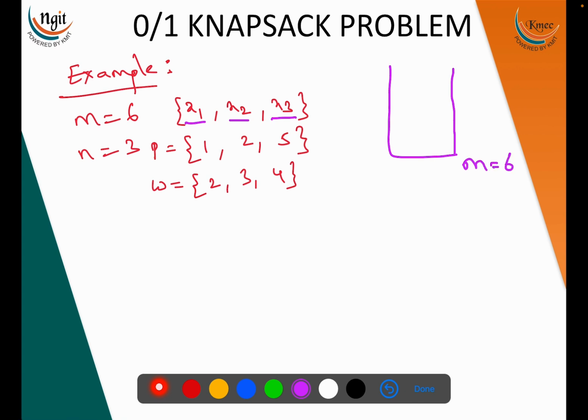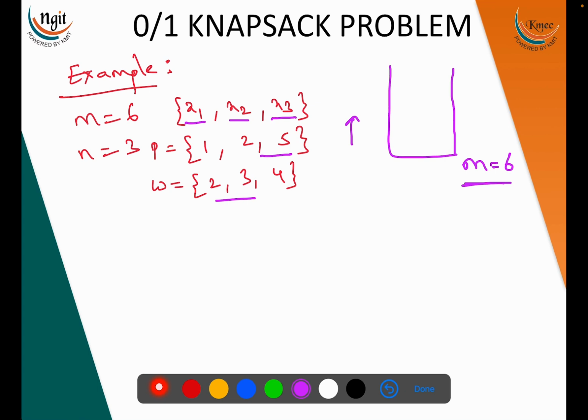We are given the profit and the weight. Profit should be maximum, and after you place the items, the bag capacity should not be exceeded. We will keep these two things in mind and get the solution for the problem using the dynamic programming approach.